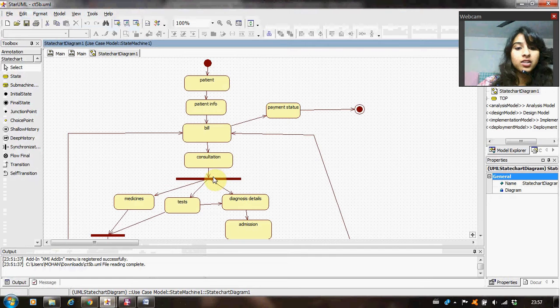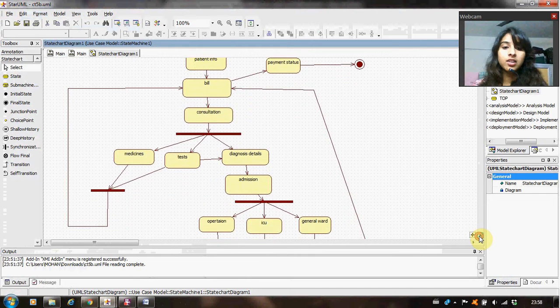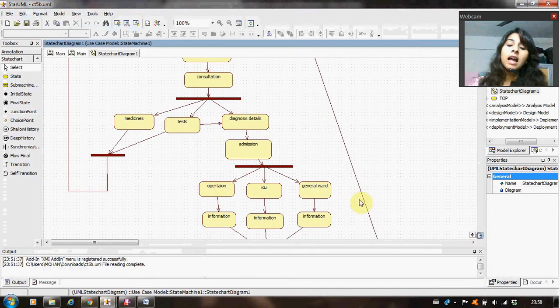And in the consultation, as you can see, after consulting, the doctor says what medicines are to be taken, what tests need to be taken, and what diagnoses have to be done. So once the consultation is done, the diagnosis details are given.